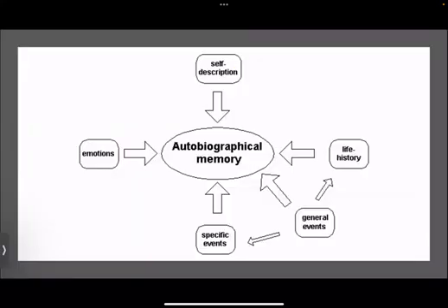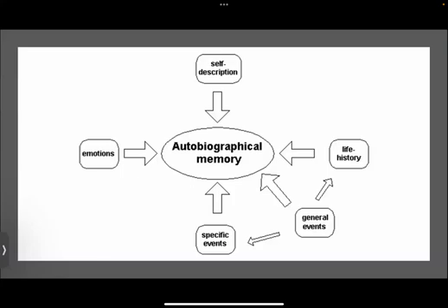So what is autobiographical memory? Autobiographical memory is self-description, then emotion, then specific events and general events which connect to life history, and all these come together to form the autobiographical memory through which we define ourselves or the unique I. I am Bhaskar Mukherjee because I have some form of self-description that has been developed over the years within my brain.